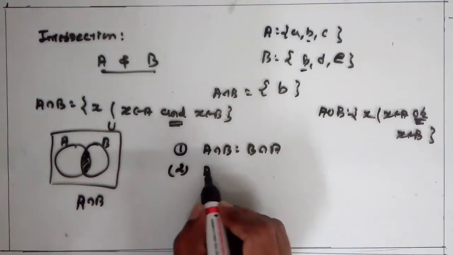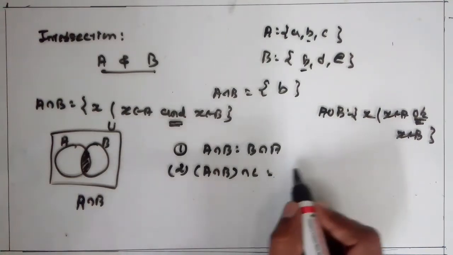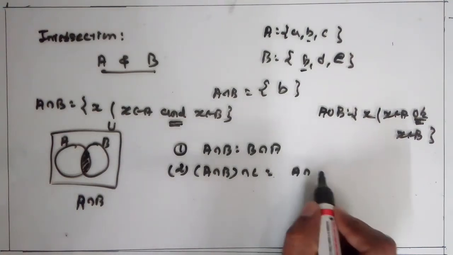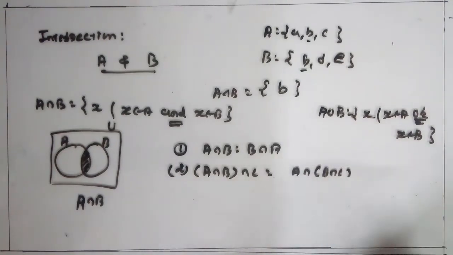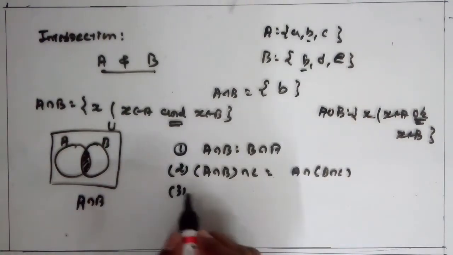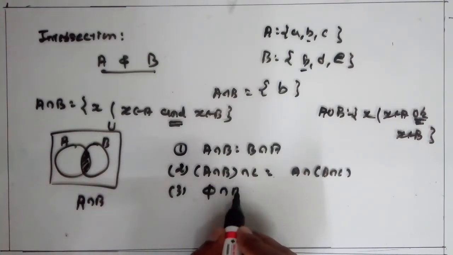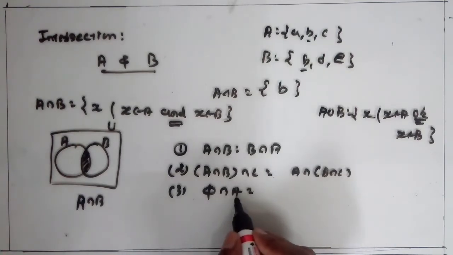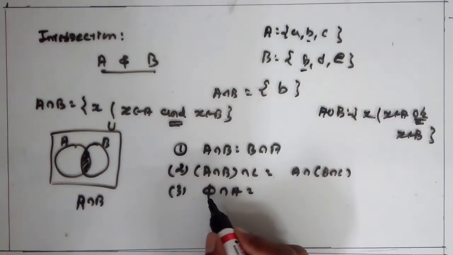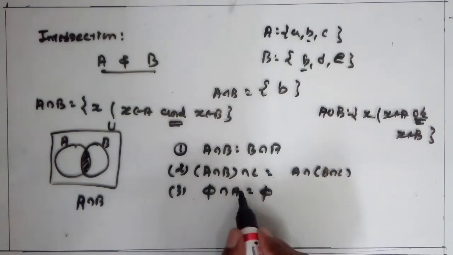Number 2, (A ∩ B) ∩ C is equal to A ∩ (B ∩ C). Associative law. Clear? Number 3, the null set ∩ A is equal to the null set, because the intersection of any set with the null set becomes the null set, because the null set has no element, so there is no common element.